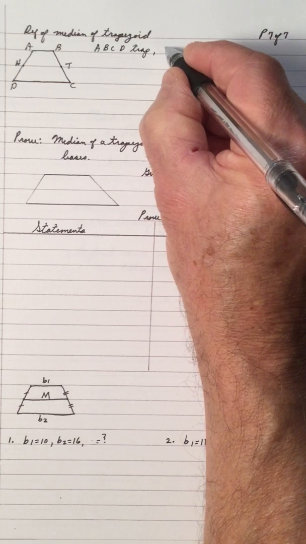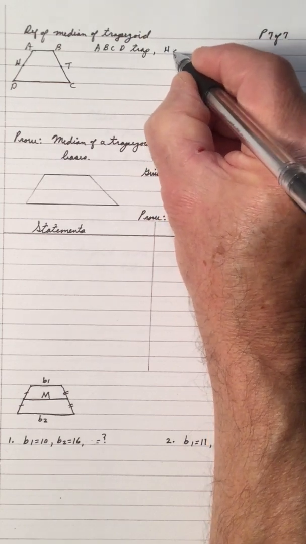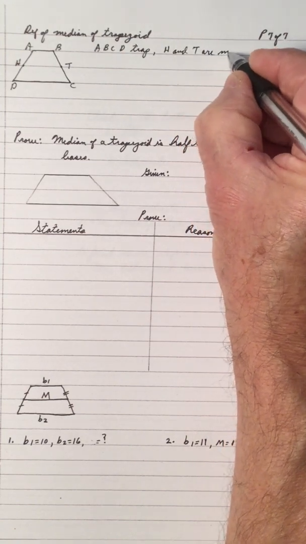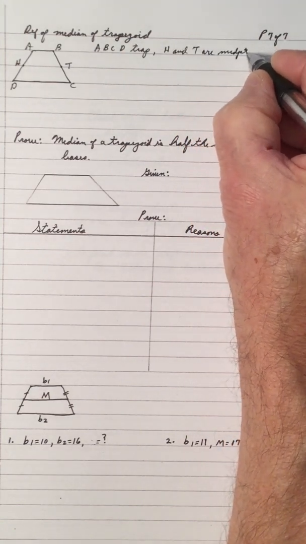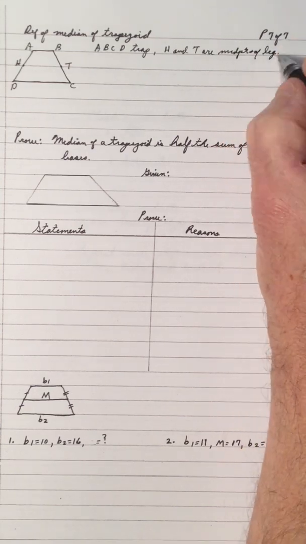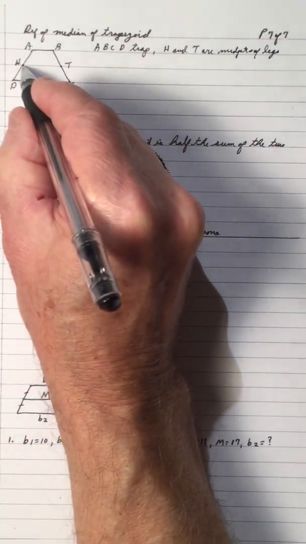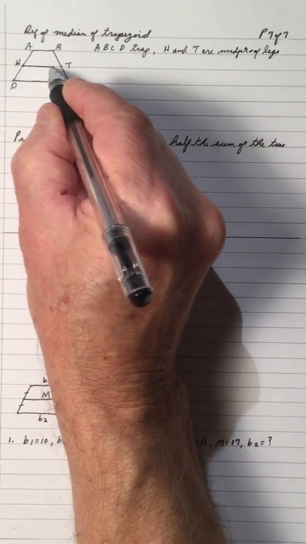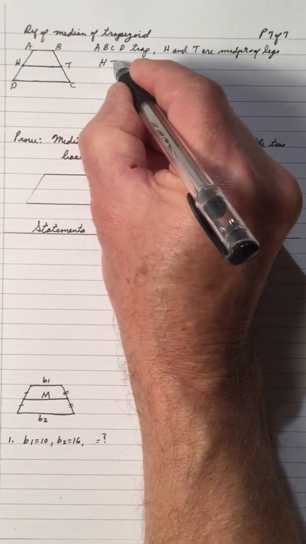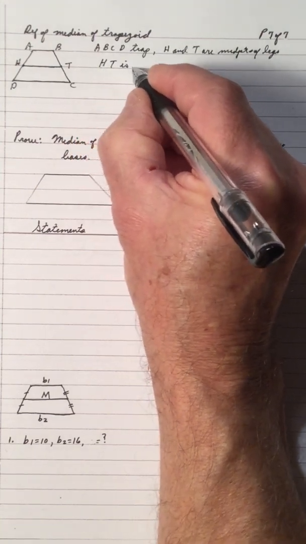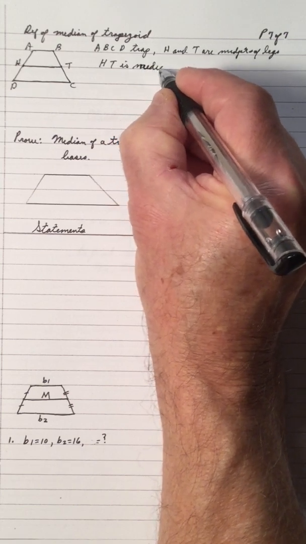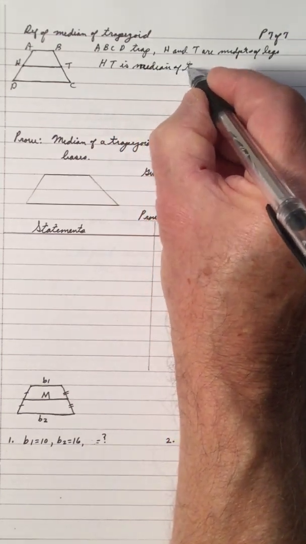And we have H and T are midpoints of the legs. So if we join these 2 midpoints, that means we made HT a median. MED is a median of the trapezoid.